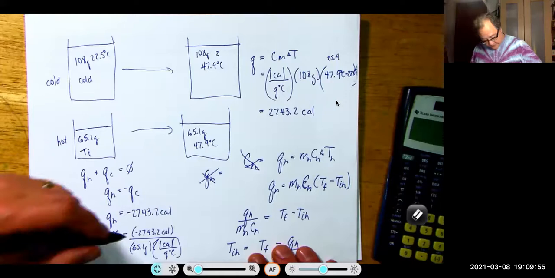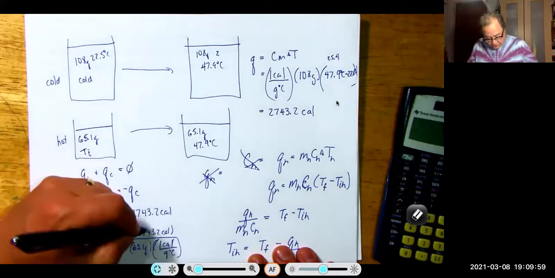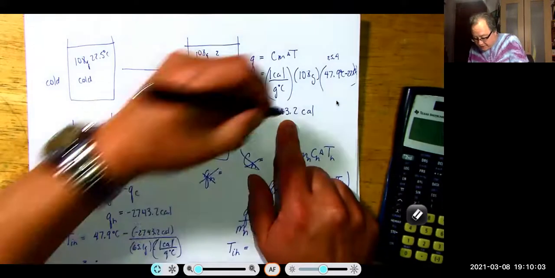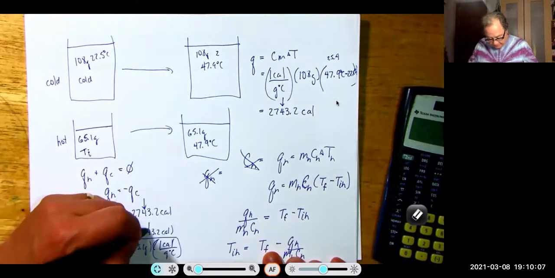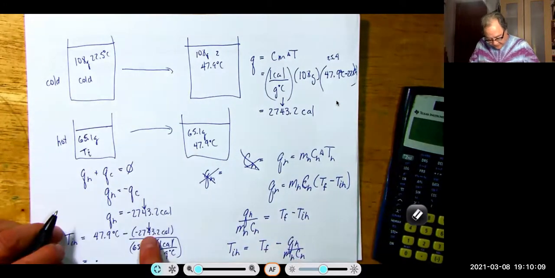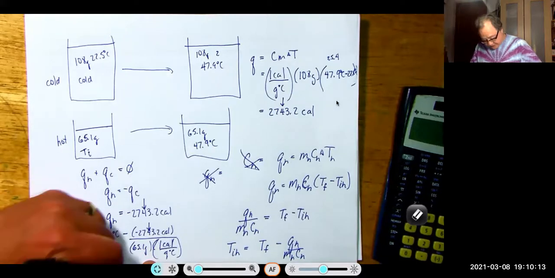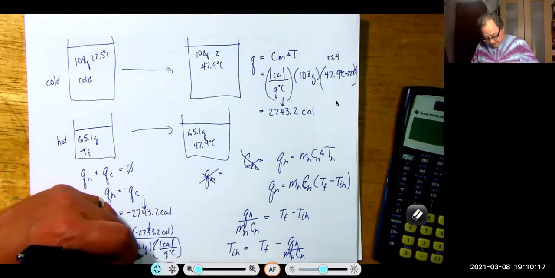Okay, and I get, this is good to three sig figs. So I get 47.9 degrees Celsius, or excuse me, plus 42.1 degrees Celsius.